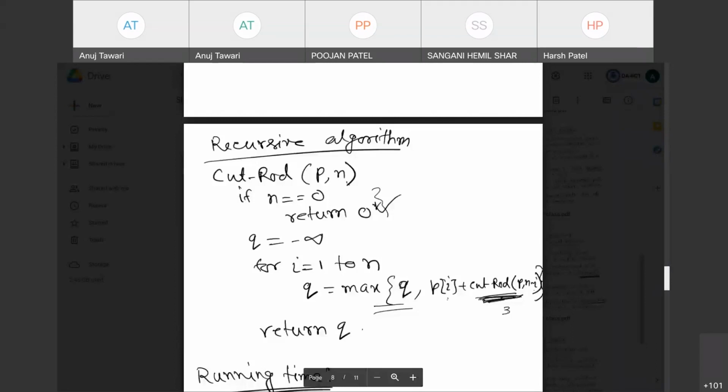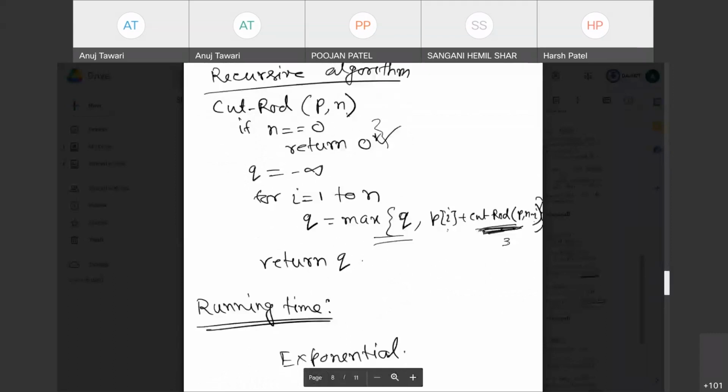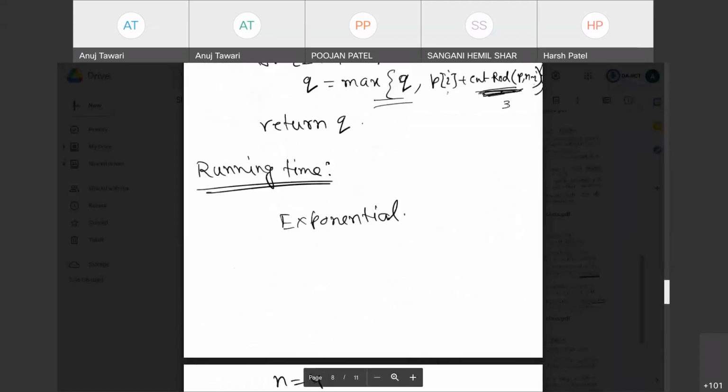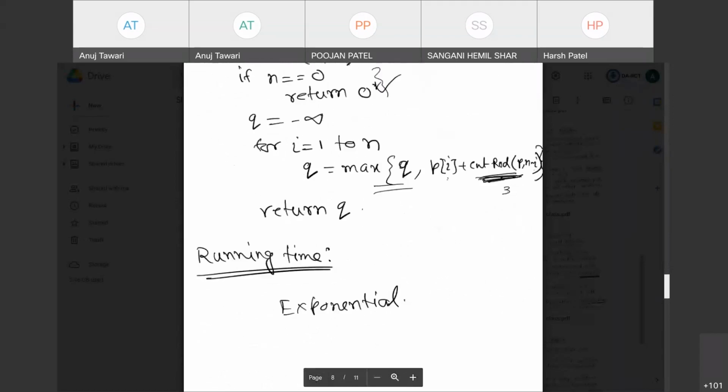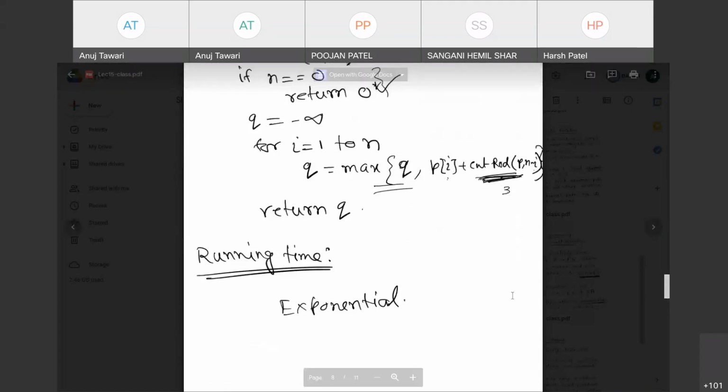Two raised to n. Yes, that's correct. So we still need to do some more things, and again it's boiling down to exponential. Okay, so what do we do next? This approach also failed, and somehow we want to bring this down to polynomial.